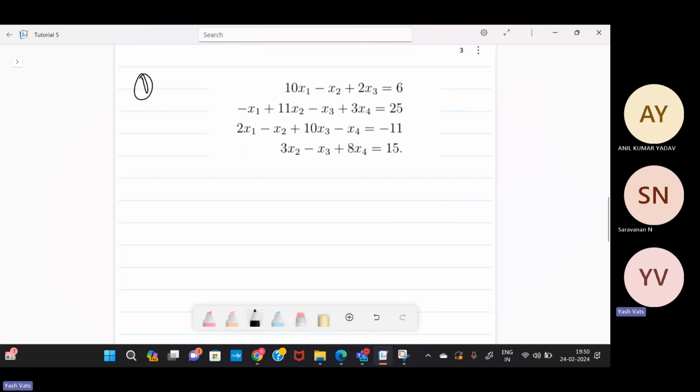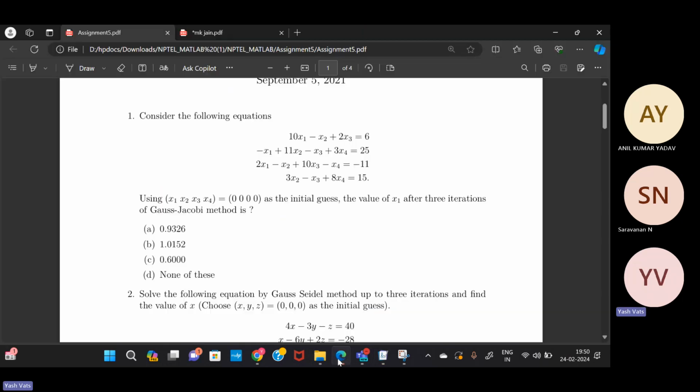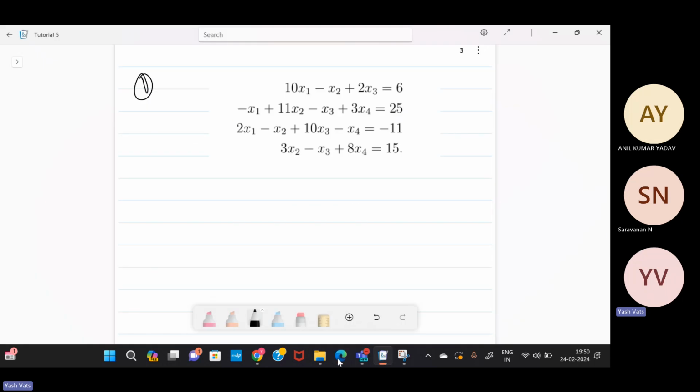So how do you start with it? Okay. What is the value after the first iteration? We start like this. We have given you this initial guess x1, x2, x3, x4. You have to solve this with me.